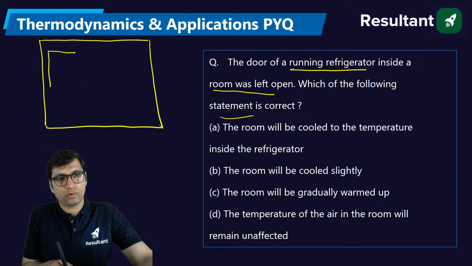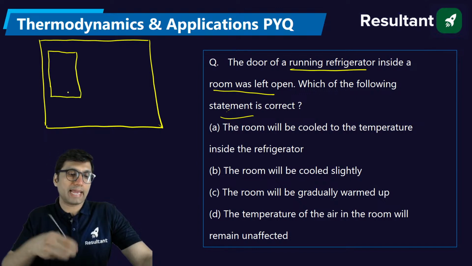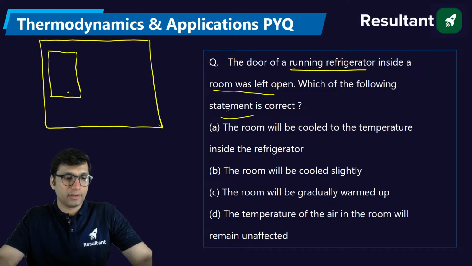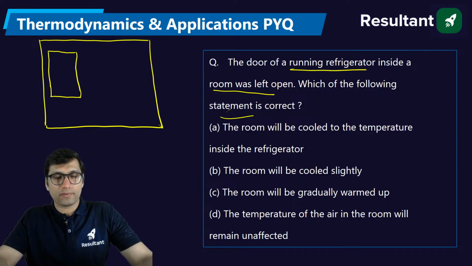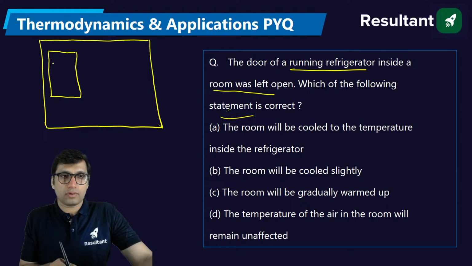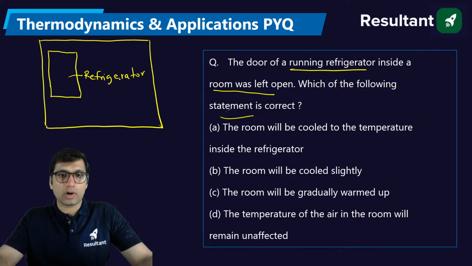Obviously refrigerator is a food preservator that is used basically to keep all the edible things like food, vegetables, fruits, or any kind of your things in the refrigerator as a food preservator. So this is your refrigerator, right? But by mistake, what you have done, you have left the refrigerator door open. That is not good actually. So what will be the after effect? After effect is that the room will gradually get warmed up. Okay.